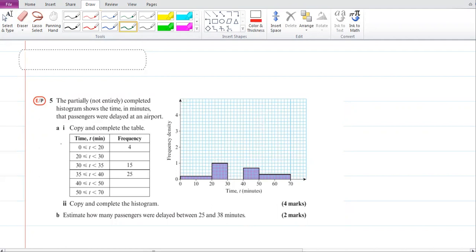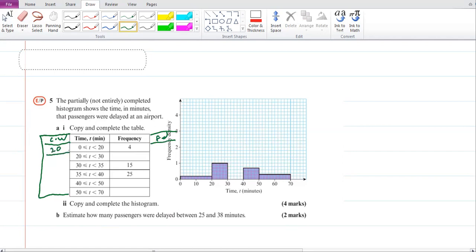Then you will be able to write the frequency for all of these. Right now, I can add an additional column here because I must have the class width and the frequency density. So here I will add a column for the frequency density also. Now, class width for this one is what? From 0 to 20, 20 is the class width.